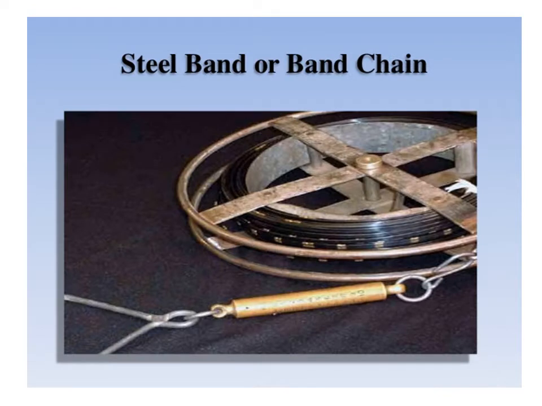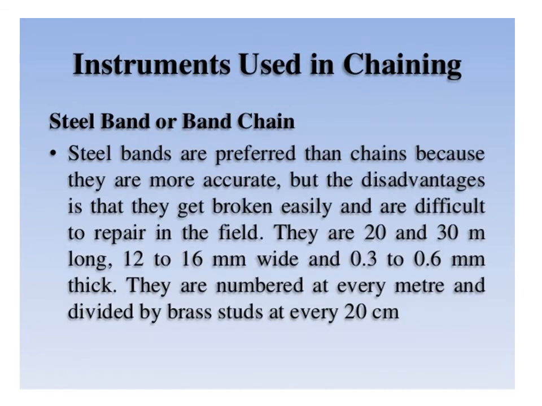Next is steel band or band chain. This is the image of the steel band chain. Steel bands are preferred over chains because they are more accurate, but the disadvantage of the band chain is that it gets broken easily and is difficult to repair in the field.